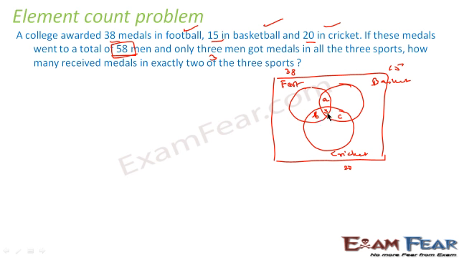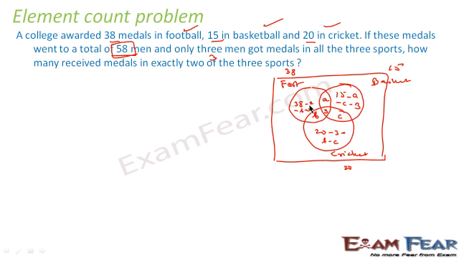This is A, this is B, this is 3. So how much will this be? This will be 38 minus A minus B minus 3. Similarly, the whole of basketball is 15, so this area will be 15 minus A minus C minus 3. And the whole of cricket is 20, so this area will be 20 minus 3 minus B minus C. Correct?